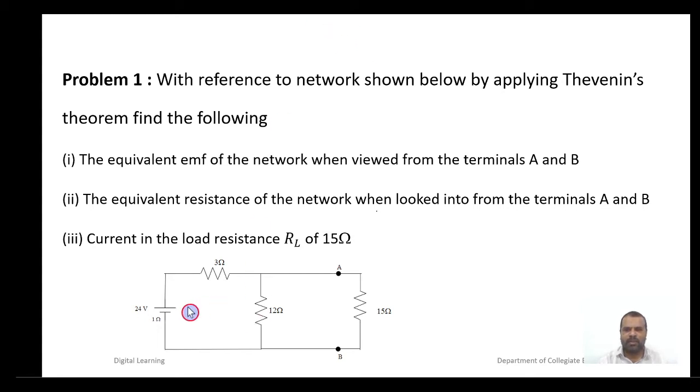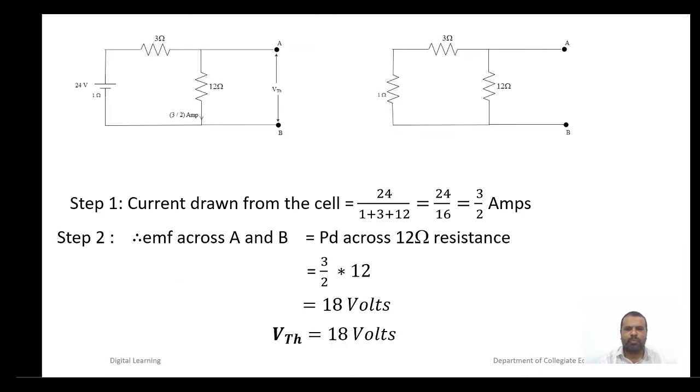The circuit is as shown in the figure: a 24 volt battery with an internal resistance of 1 ohm, a 3 ohm resistance, a 12 ohm resistance, the two terminals A and B, and a load resistance RL of 15 ohm.